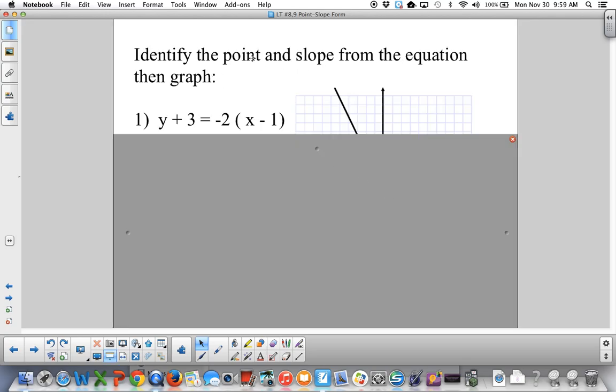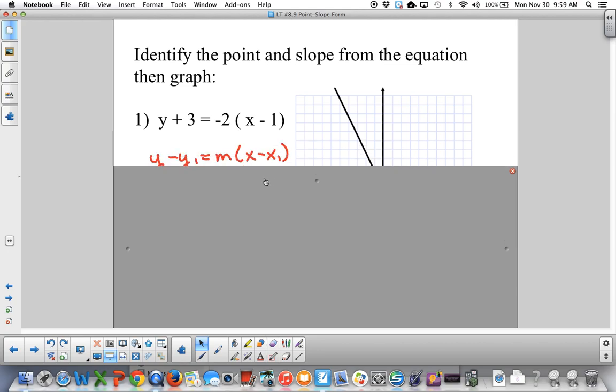Identify the point and slope from this equation and then graph. So here we have an equation, y plus 3 equals negative 2 times x minus 1. What I'm going to do is first write my point-slope form right underneath it. So y plus 3 is y minus my y1.